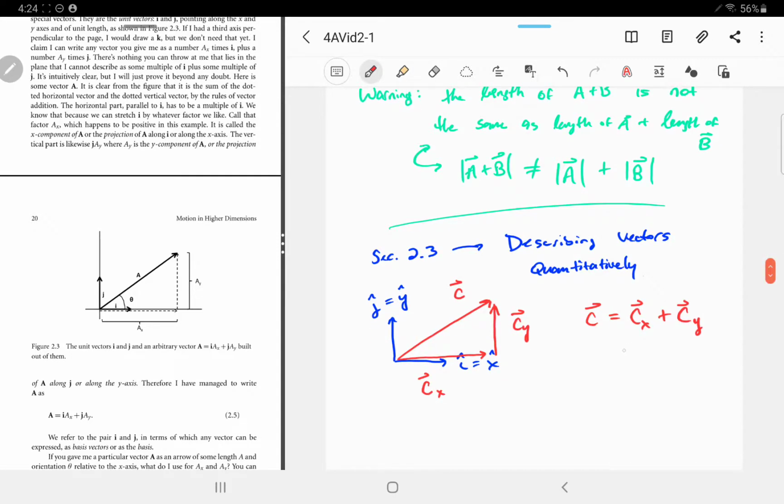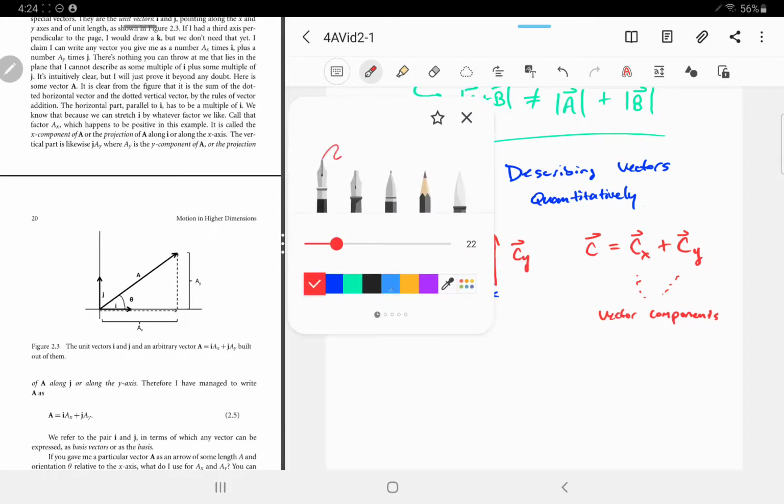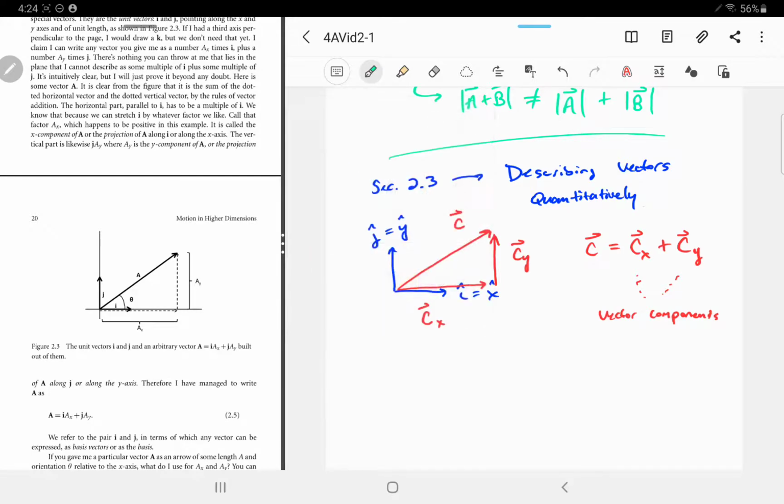Now these are called vector components of our vector C. However, we more often use the word component to refer to something else, and that is not the vector component, but the scalar right here. So I'm going to write the vector Cx is some number, Cx, times my x hat direction, or i hat, and the vector Cy is Cy times y hat.